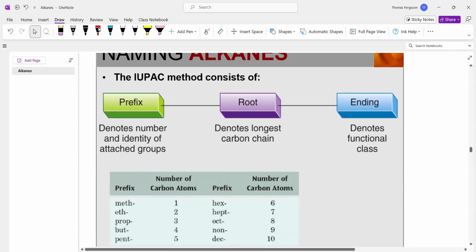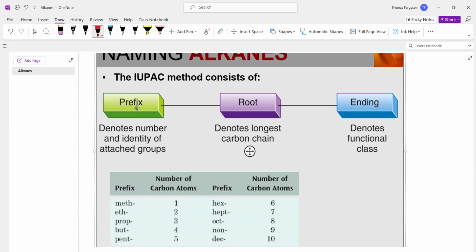Okay, so I mentioned there are 3, now we're getting into naming. There are 3 parts to a name. The first one is optional because if there's no branching, we can leave that one off. However, these 2 are required.